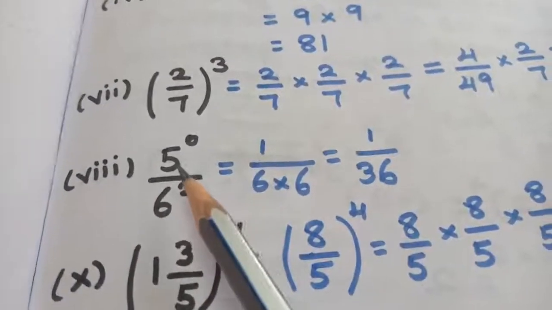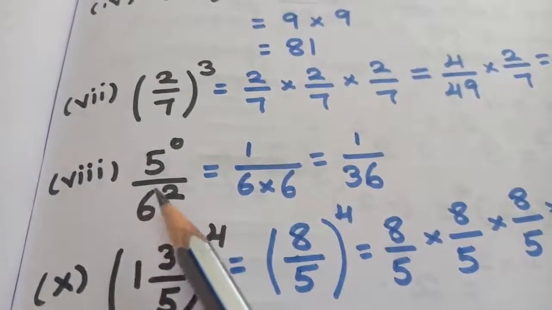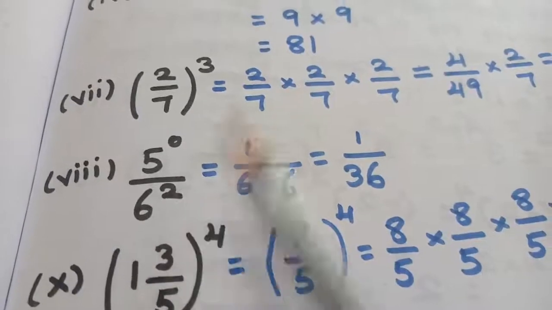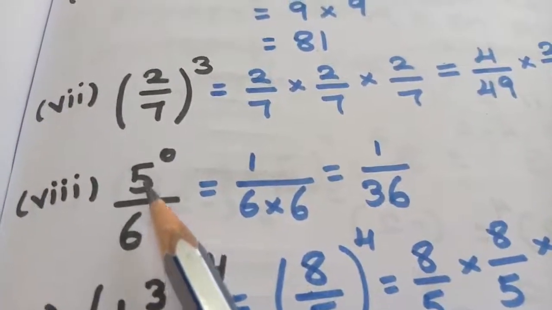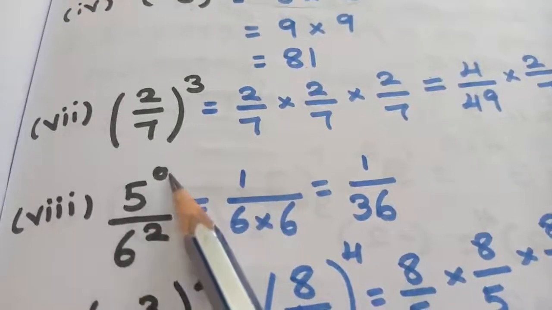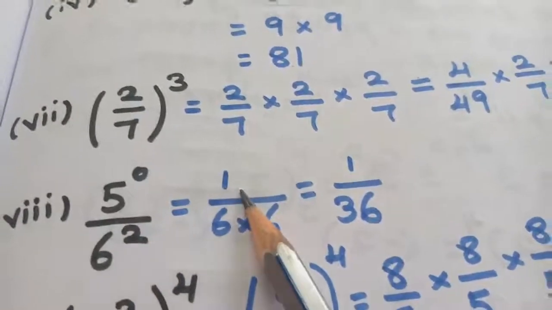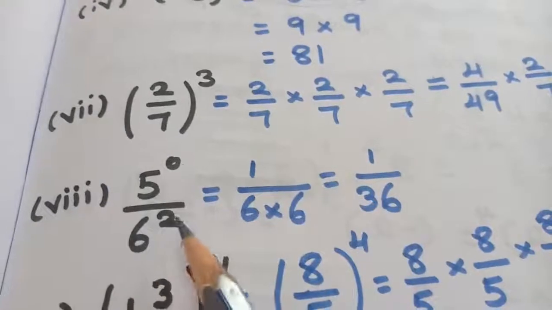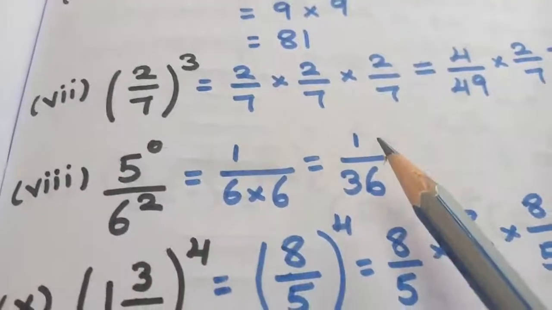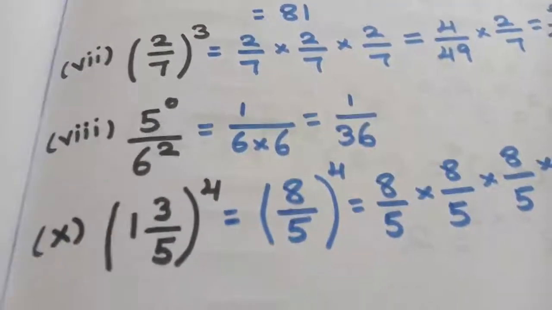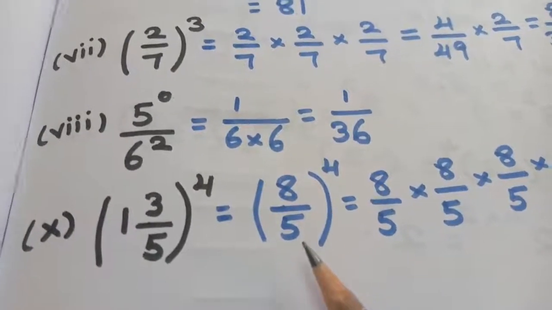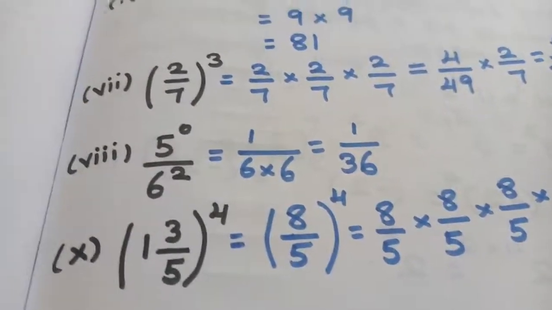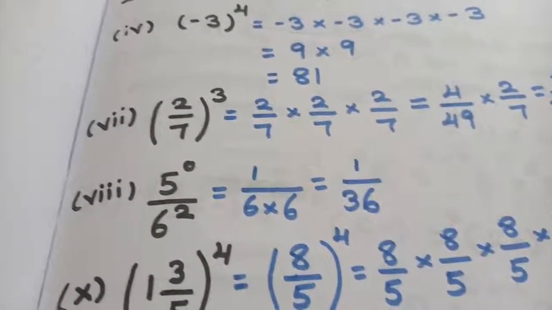In the case of 5 to the power 0 divided by 6 to the power 2, 5 to the power 0, any number to the power 0 is always equal to 1. So 6 to the power 2, 6 into 6, I am going to get the answer as 1 by 36. Mixed fraction means you are going to convert it into an improper fraction. Then you are going to calculate the sum. So this is the idea of doing the calculation in exponent.